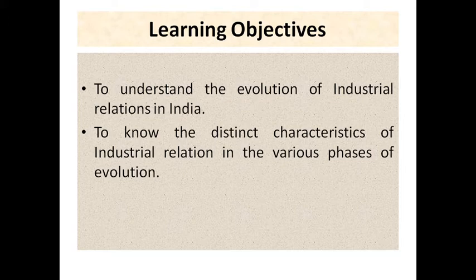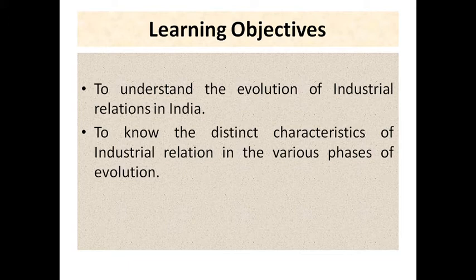In tutorial 1.4, I have detailed the evolution that took place in ancient period and colonial period. Now in this tutorial, I am going to discuss the evolution in the other two periods, that is post-independence period and post-liberalization period. In brief, in ancient period, industrial relation was totally informal and non-institutionalized.